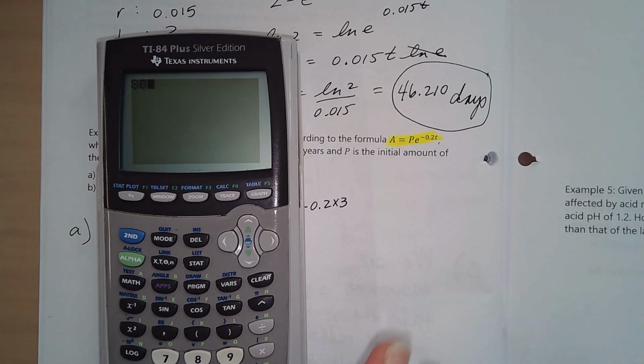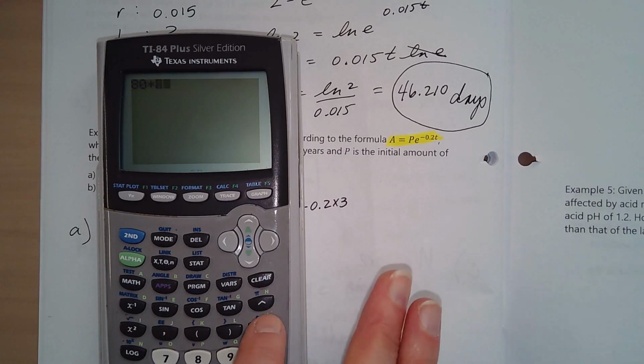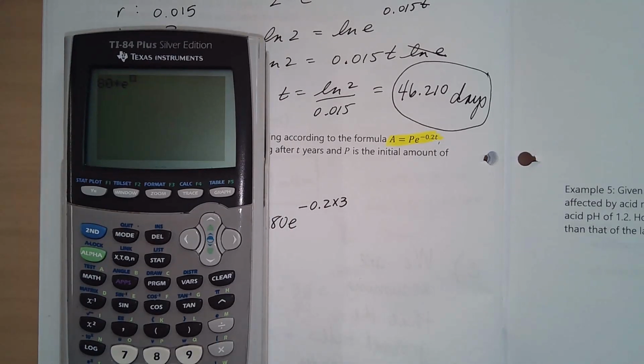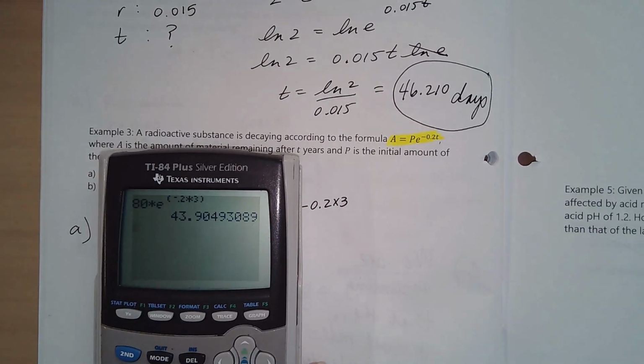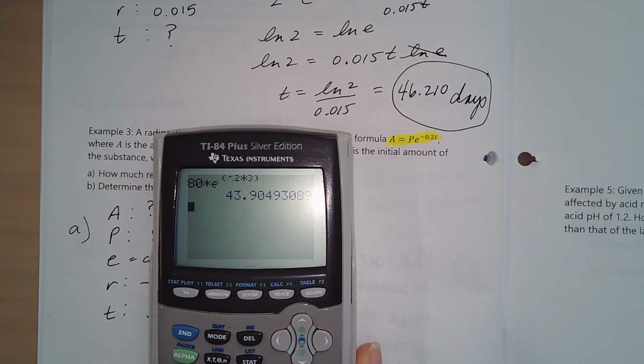So 80 times e exponent, negative 0.2 times 3, and I got 43.905. Agreement?